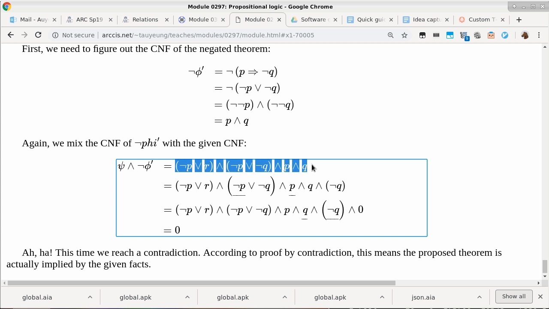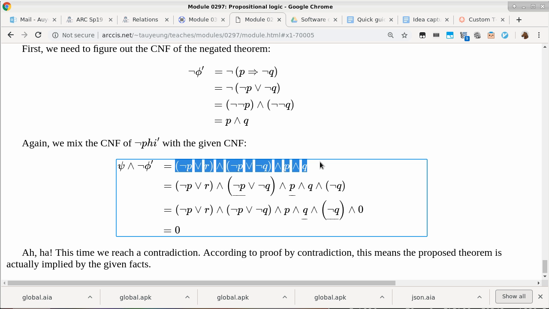Focus on just this part. Can we apply resolution? In other words, can we find two disjunctive terms where they share a variable, but the variable is negated on one side but not negated on the other side?